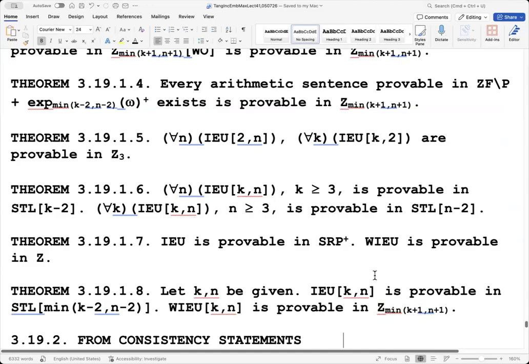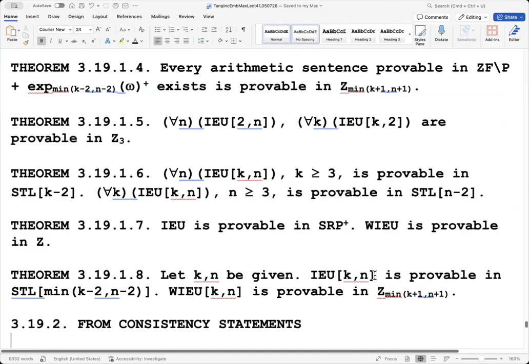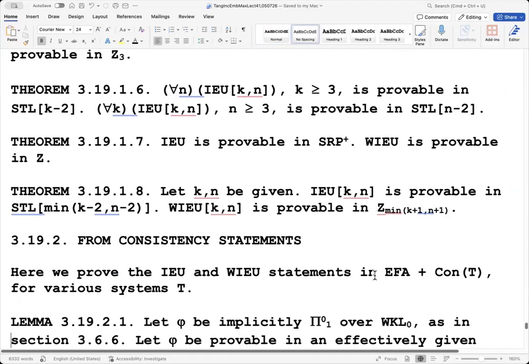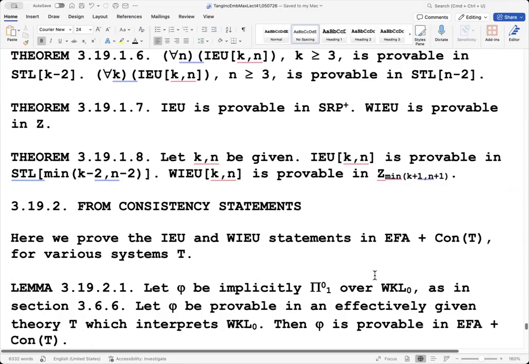All right. So standard systems are nth order arithmetic, and then Z and so on.